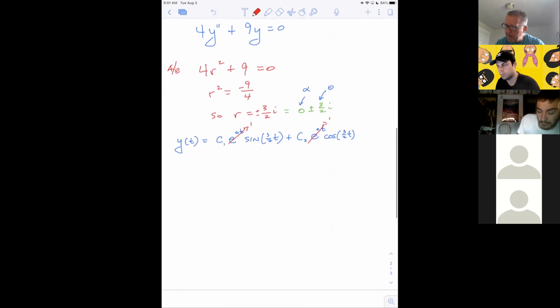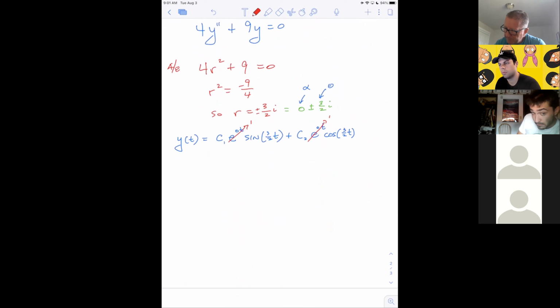Now, because I rambled away so much of the first part of this class with that beam example, I'm assuming that if I do that, you can solve for C1 and C2. So I'm going to cut to the chase and just tell you this. y of t is then equal to, because C1 equals 0, 0.3 cosine of 3/2 t.